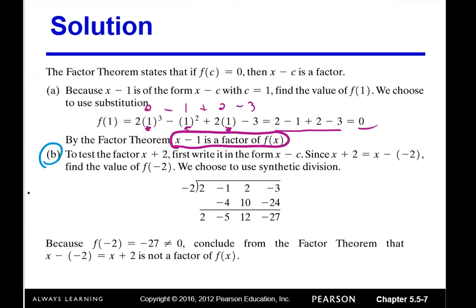Synthetic division isn't hard. You just got to know the method for it. Anyway, when they were done with synthetic division, you can see right here is that negative 27 that I found by using the factor theorem. Why you'd want to use synthetic division instead of the factor theorem to answer that particular question, I don't know.